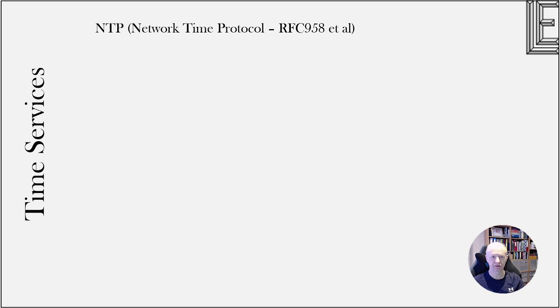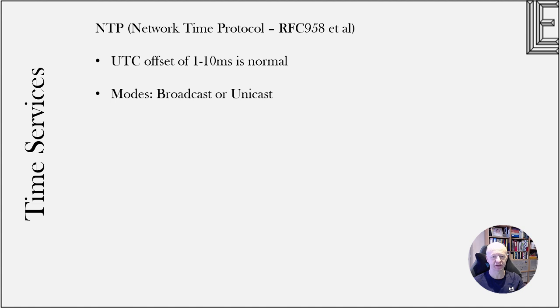The stock solution for enterprise time services is NTP, network time protocol. This is able to produce offsets of 100 microseconds with care, but medium offsets of 1 to 10 milliseconds are more normal. There are two modes of operation for NTP, broadcast and unicast.